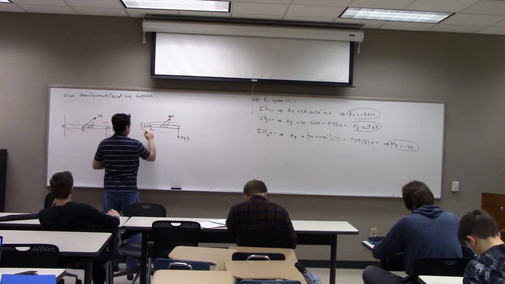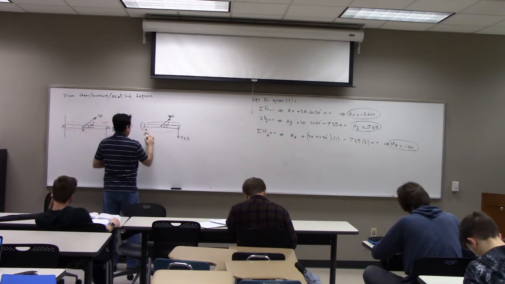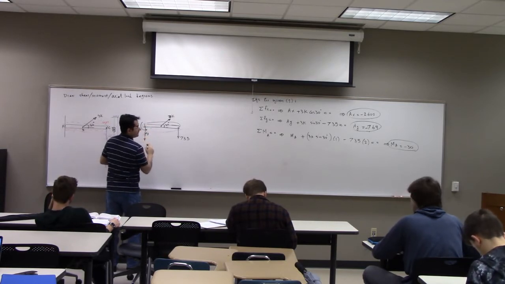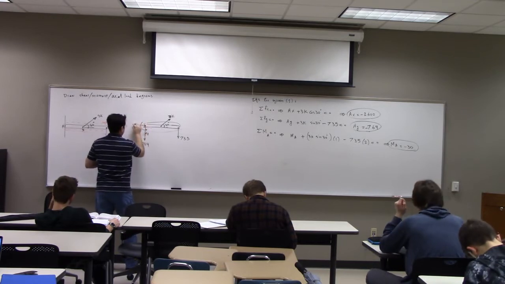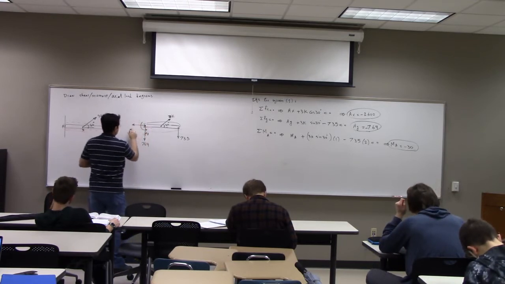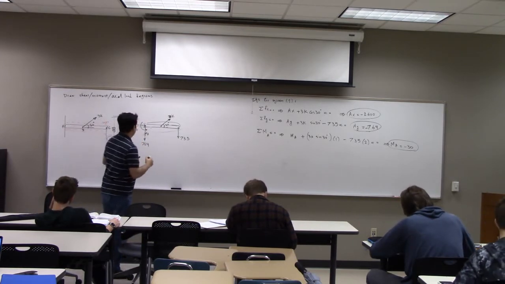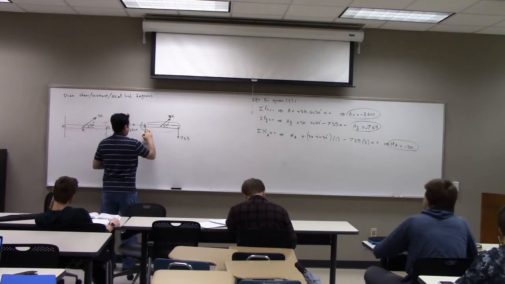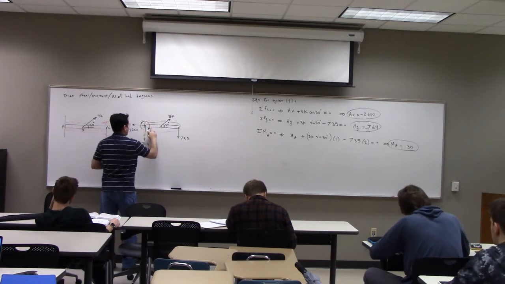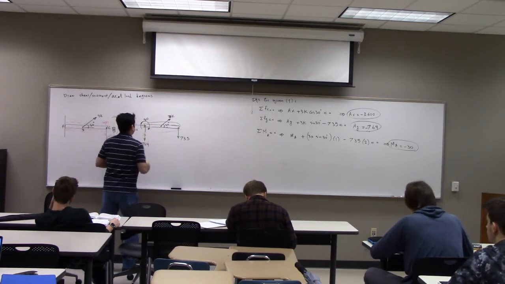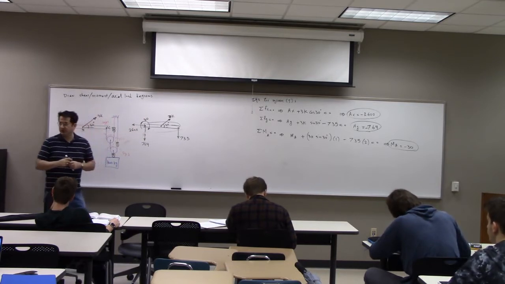AY goes down, equal to 764. AX goes to the left, 2,600. And MA is negative 30, so it should be this way, 30. That's your complete loading.